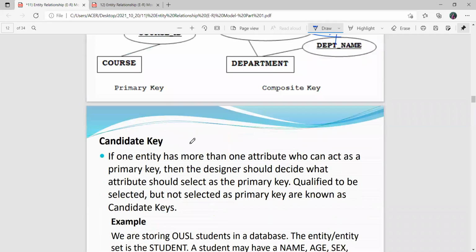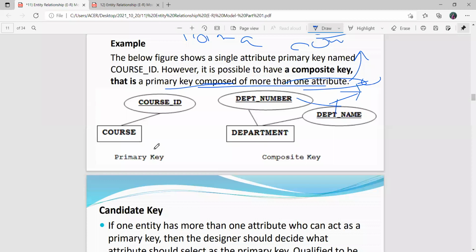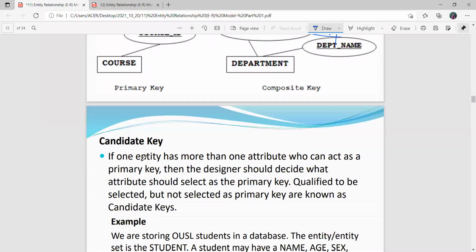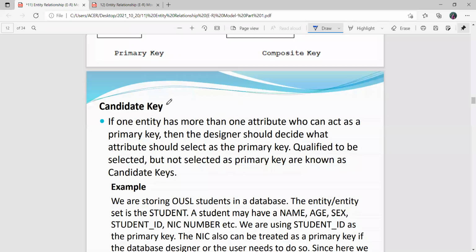Then about the candidate key. We already discussed the primary key, then the composite key, then the candidate key. A candidate key is a key that is qualified to be selected as the primary key, but not selected as the primary key.